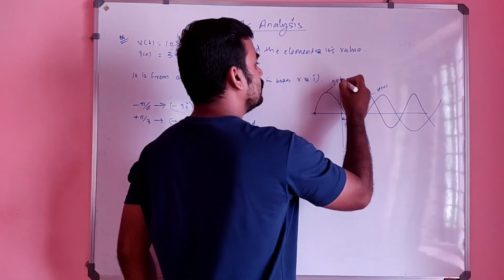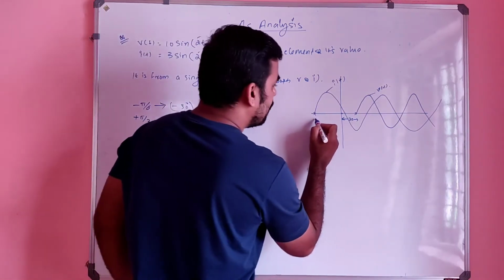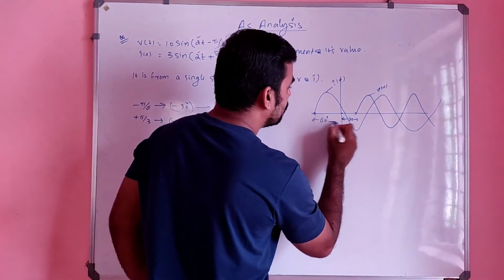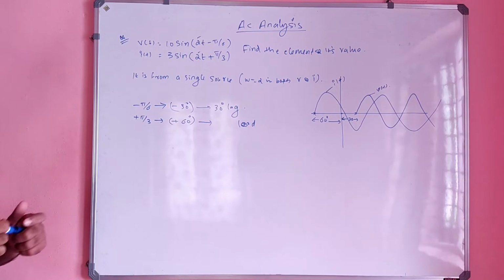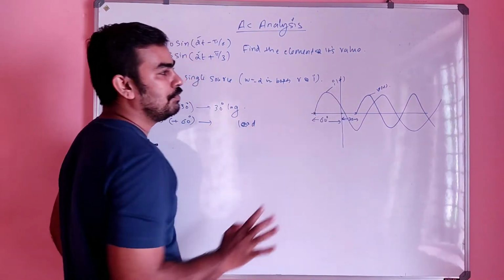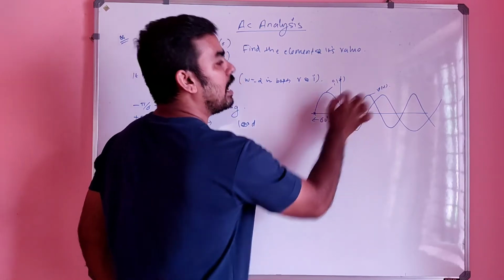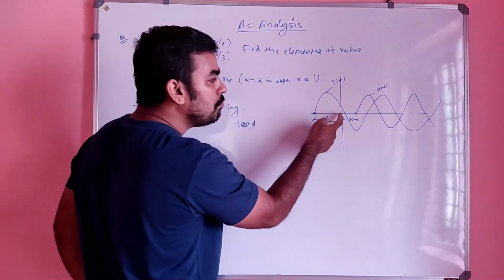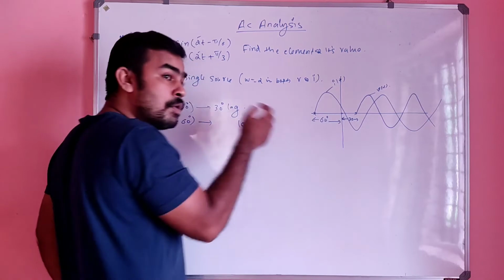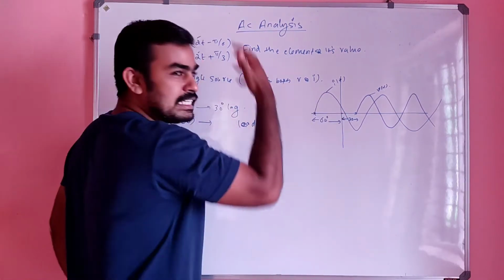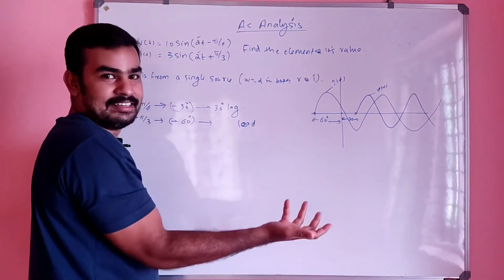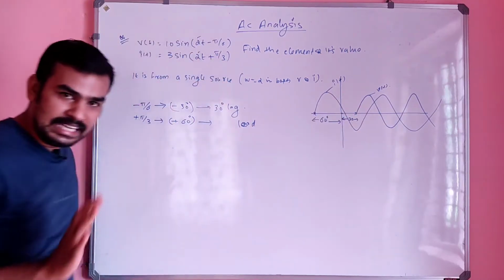So this is I of t, which started 60 degrees earlier. Lagging always means starting some time after, and leading means starting before the reference point. That is the meaning of lag and lead.